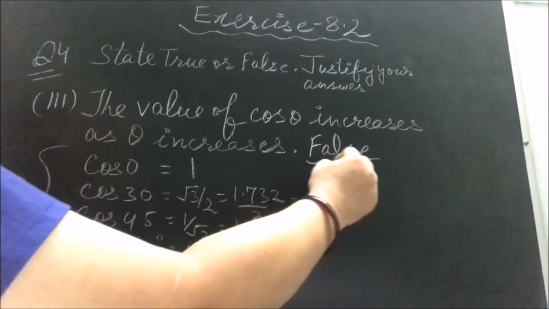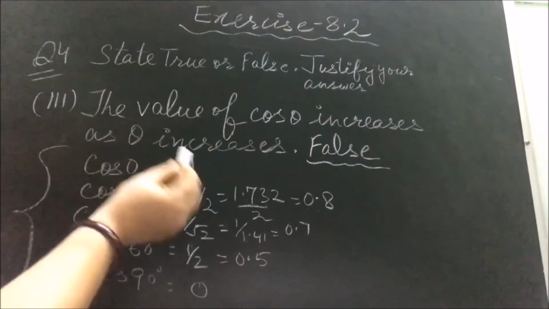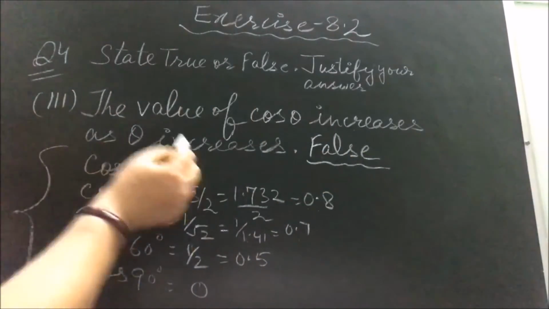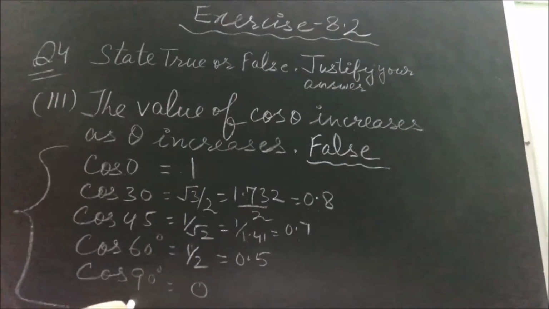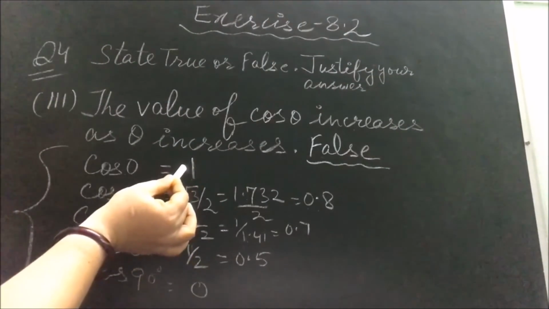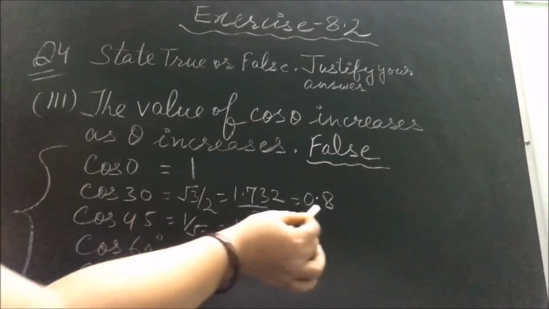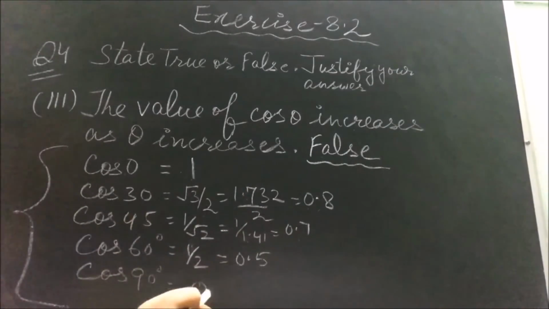Why? It is true only when the value of cos theta decreases as theta increases. जैसे जैसे थीटा की वैल्यू बढ़ाओगे cos थीटा की वैल्यू डिक्रीज होगी, इंक्रीज नहीं होगी. देखिए 1, 0.8, 0.7 and finally it is 0.